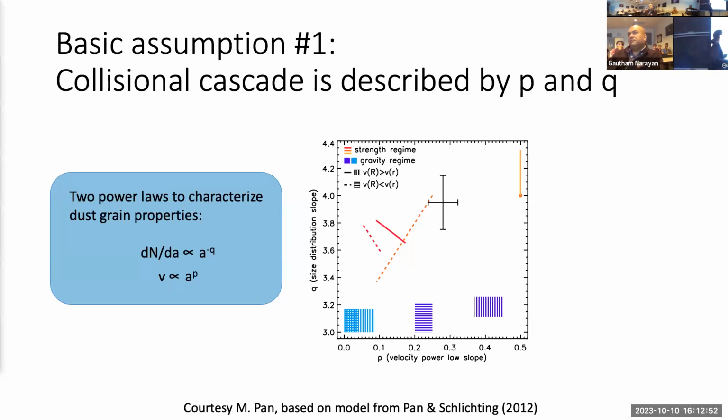Where you are on this plot of P versus Q, those 2 power law indices, tells you whether you are in the strength regime versus the gravity regime, and how the velocity dispersion of the largest bodies compares to that at a given size. It tells you a lot about the physics of the collisional cascade and ultimately the tensile strengths of the bodies in it. So are these hard, compact spheres, or big, fluffy aggregates?